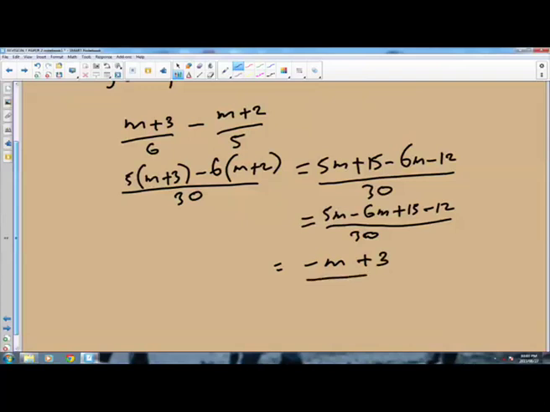The whole thing divided by 30. This is the answer to the question (m plus 3) divided by 6 minus (m plus 2) divided by 5. That's how we express a given fraction as a single fraction.